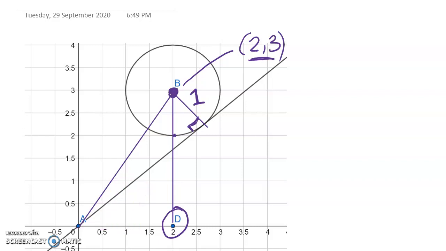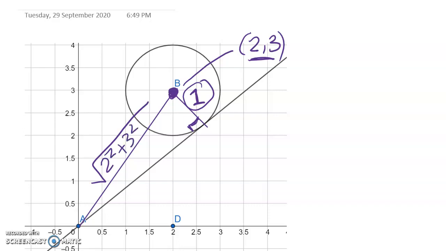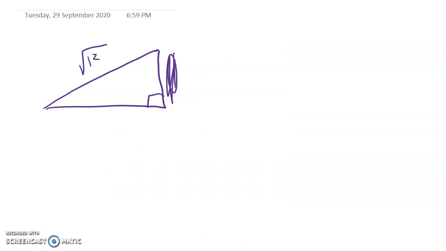So just cleaning all of this up a bit, that means that I've got one side having a distance of 1, and I can use Pythagoras to get this distance. So this distance will be the square root of 2 squared plus 3 squared, and that works out to be root 13. So this is root 13.